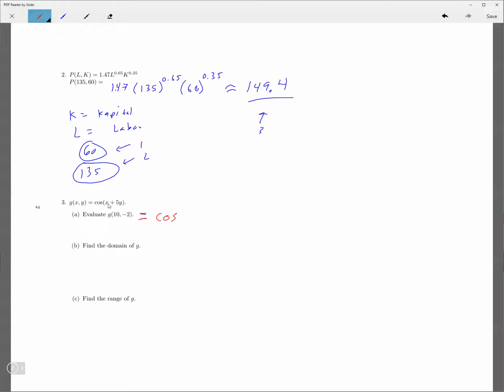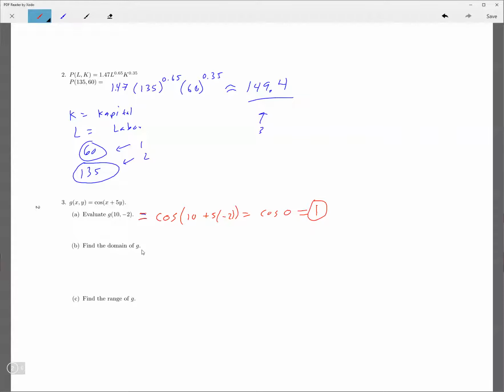So replacing all the x's with 10s, and replacing all the y's with negative 2s, which really works out nice here because then you just get 0, right? Yay, cosine of 0. What's cosine of 0? 1. Yes. That's also uno in Spanish, by the way. Uno. I'm teaching Spanish too. Okay, so 1 is the first answer.